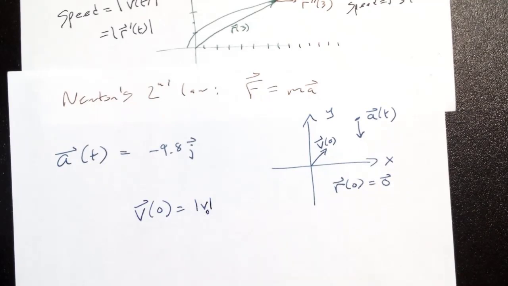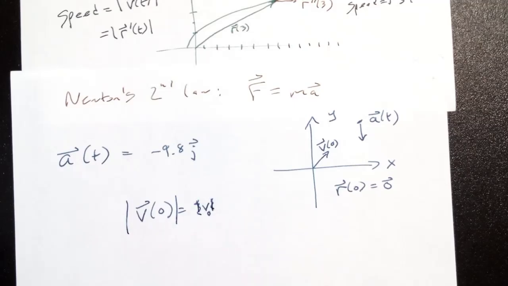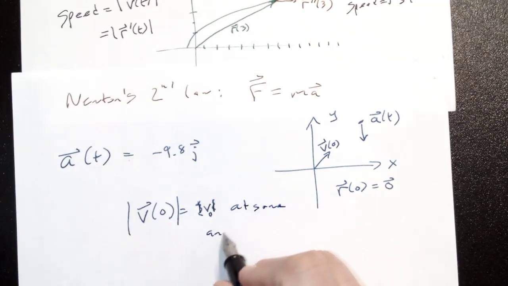That was my initial launch speed, and it had some angle. And since I was throwing it in front of me, I know that angle is going to be in the first quadrant, so somewhere between 0 and pi over 2.